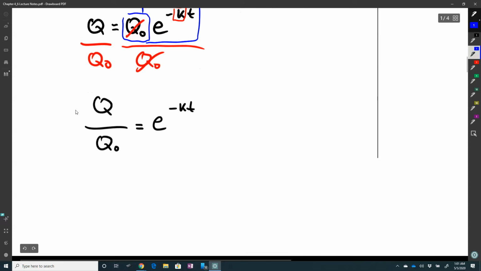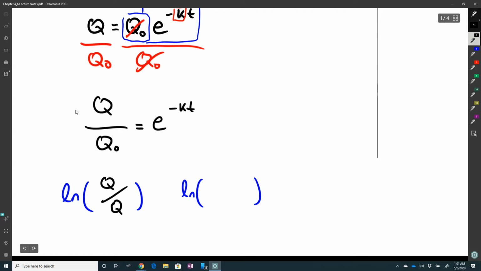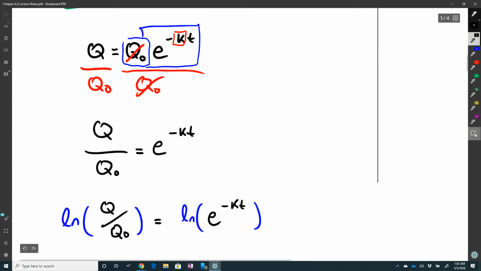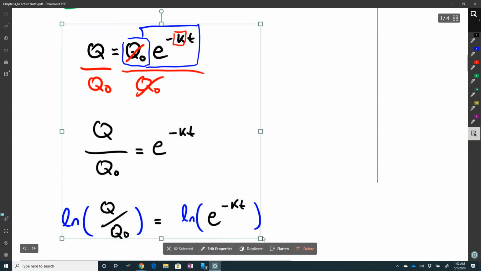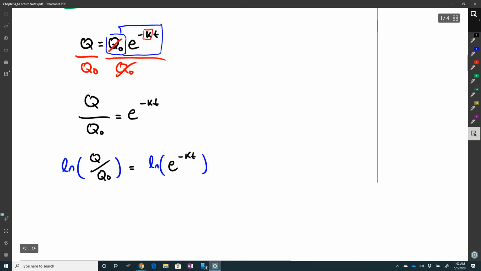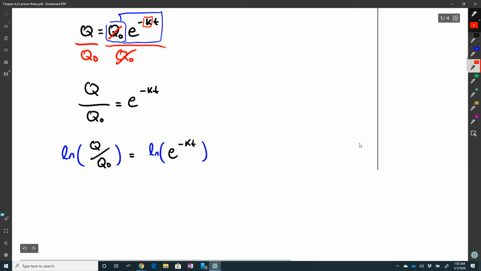Just like before, I'm going to use natural log on both sides because the base is e, and ln and e cancel each other out. Let me shrink things a bit. So again, you can write the ln and e just canceling out.